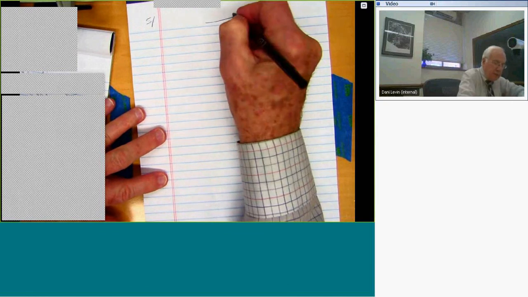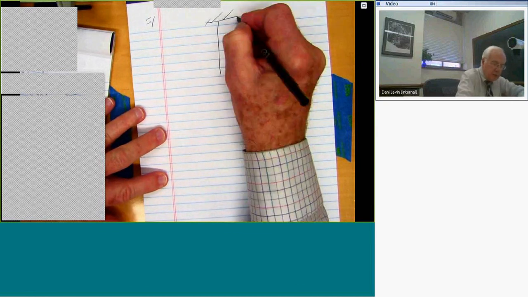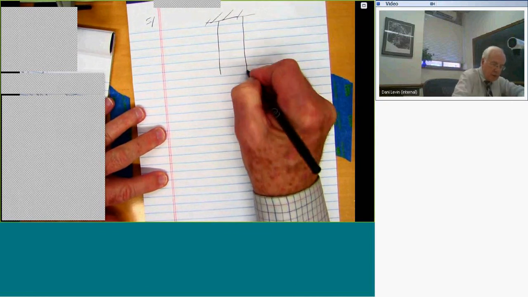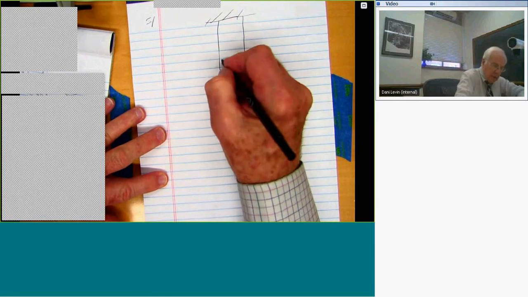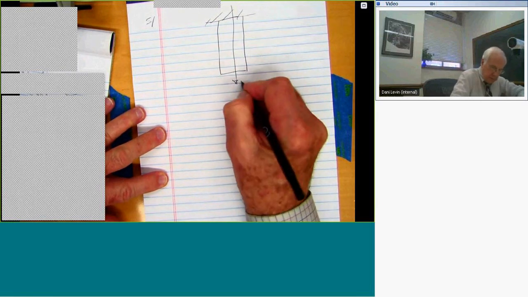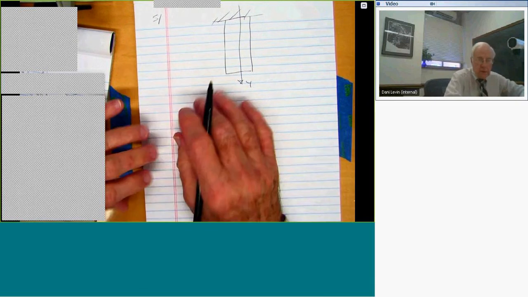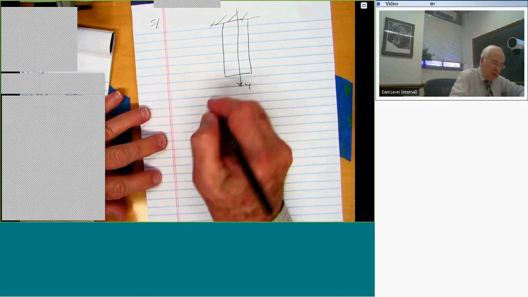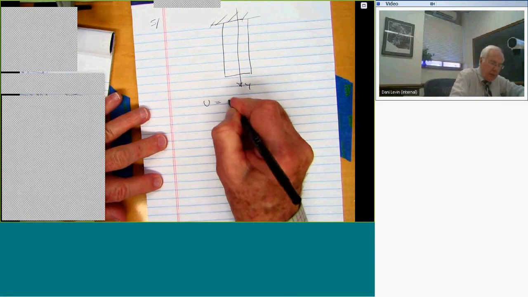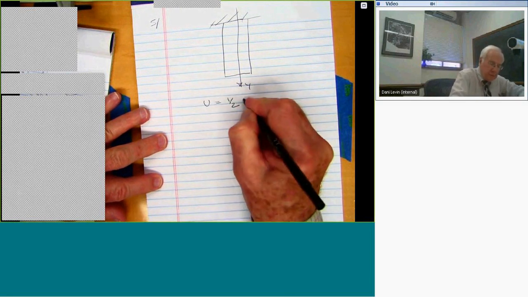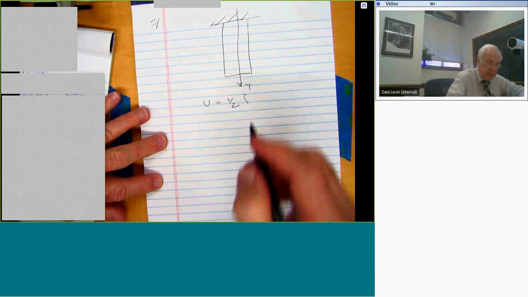And so let's go back to our picture. Okay. And here's y. It turns out that the boundary conditions all come from looking at, in this case, the potential energy.